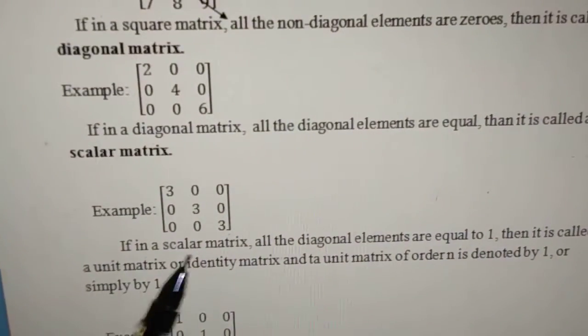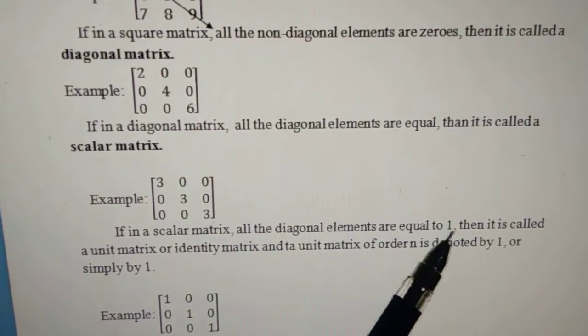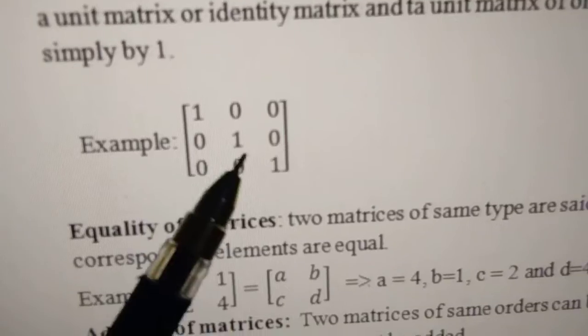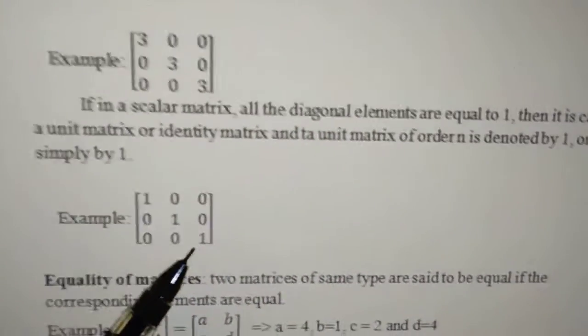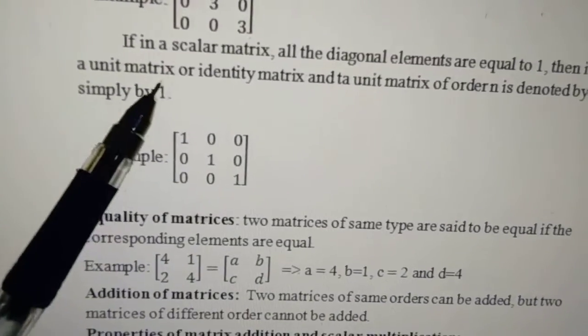So if in a scalar matrix all diagonal elements are equal to 1, you see 1, 1, 1, I can say. So here is the example for that. 1, 1, 1, then it is termed as a unit matrix.